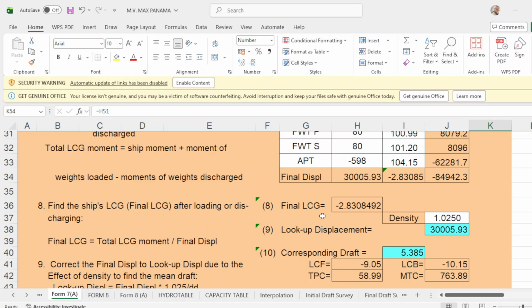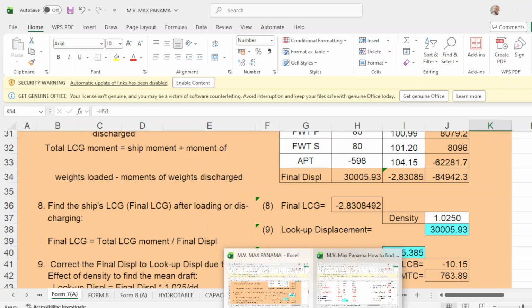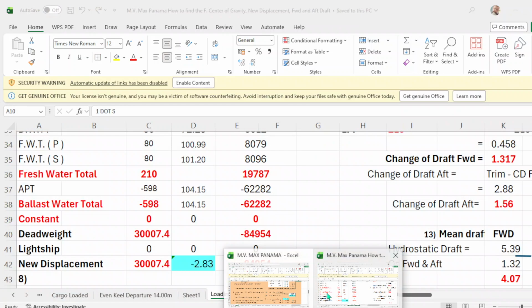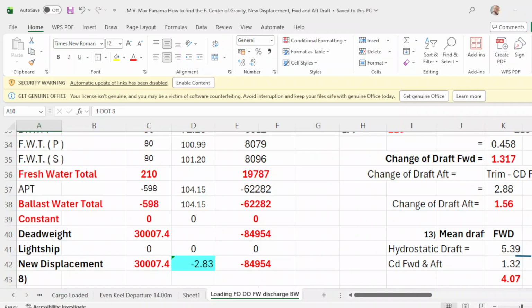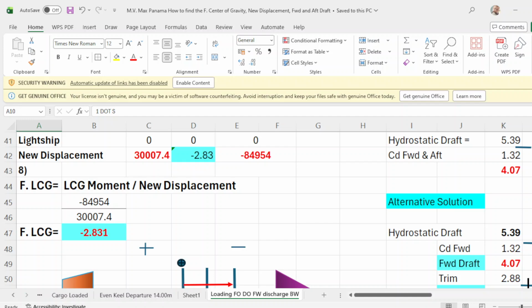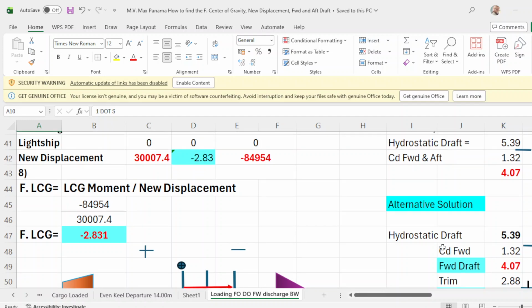Your final LCG is this one, negative 8308, which is this one. Okay, number 8. I got number 8 here. Your final LCG is this one, negative 8408.